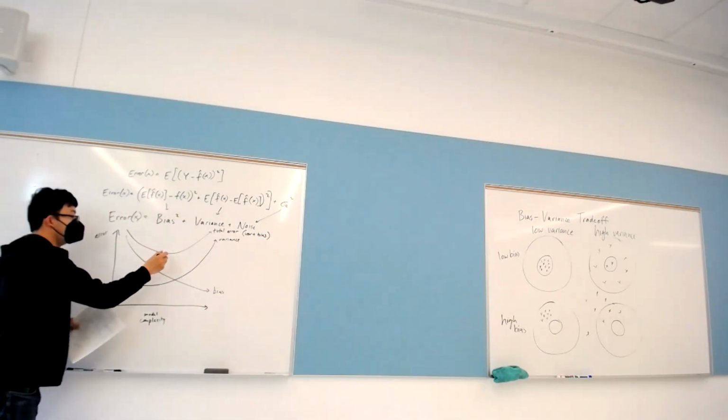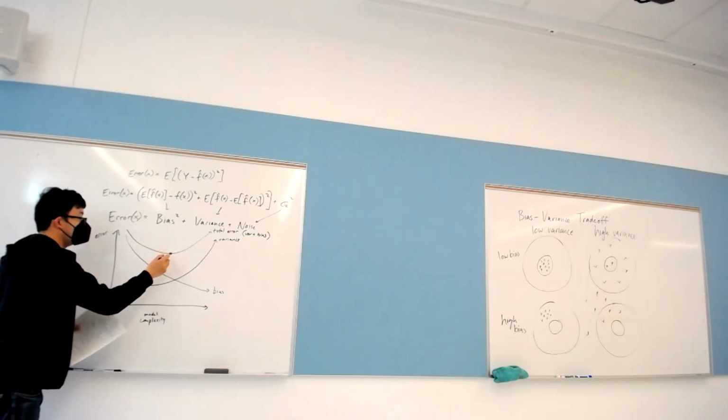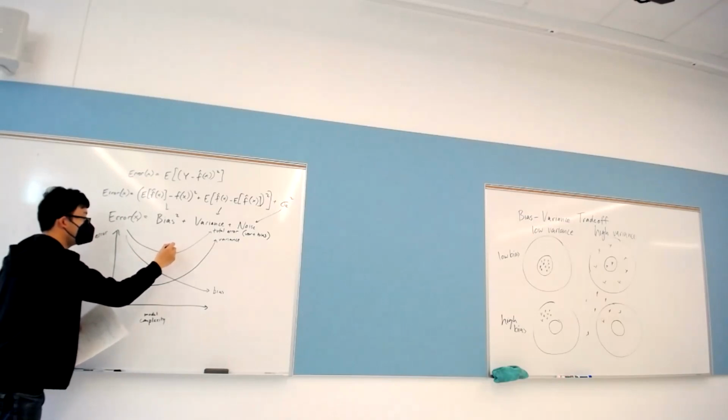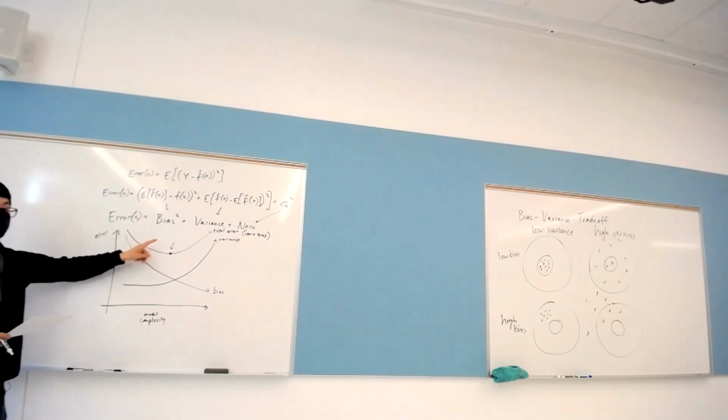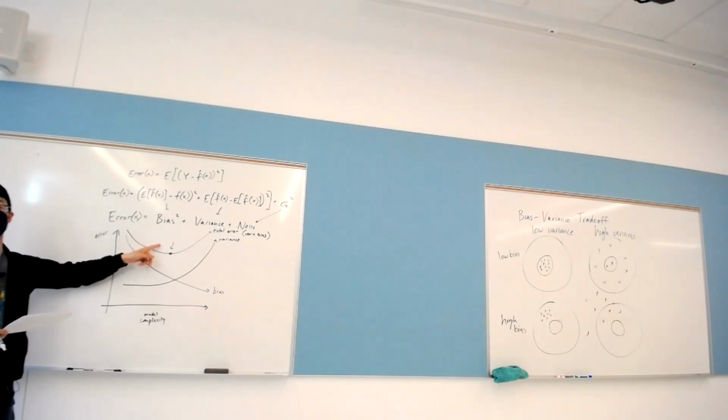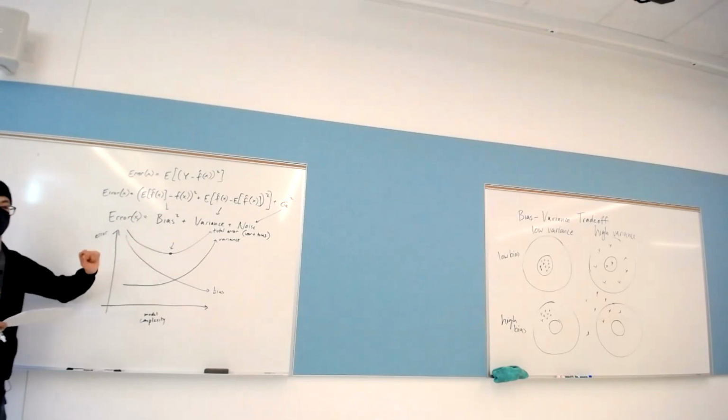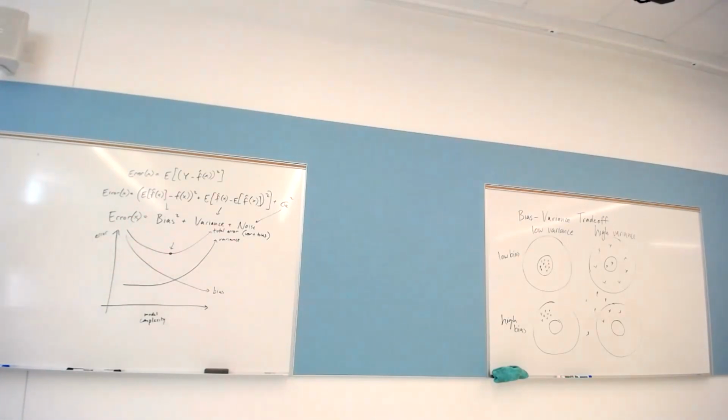And so really what you want is this sweet spot here. And the way we get this traditionally is by taking the minimum of your testing mean squared error. Okay.